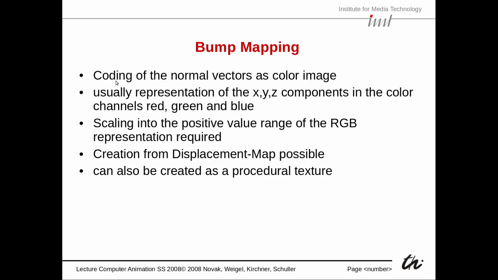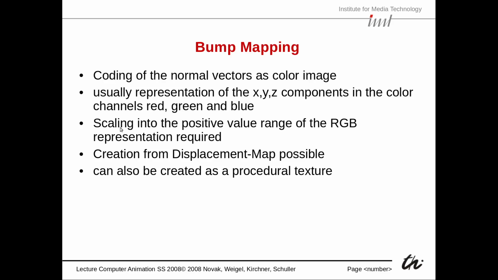In bump mapping, we have the coding of the normal vectors as a color image, because the normal vectors have those three components. Usually we have a representation of the X, Y, Z components in the color channels red, green, and blue.